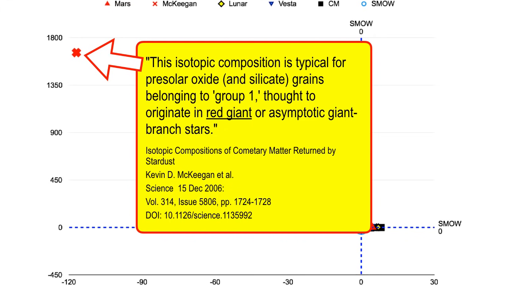Yes, Vince. Depleted means it's not enriched. It has less oxygen 17 than SMOW. Okay, but is there like a zero point?